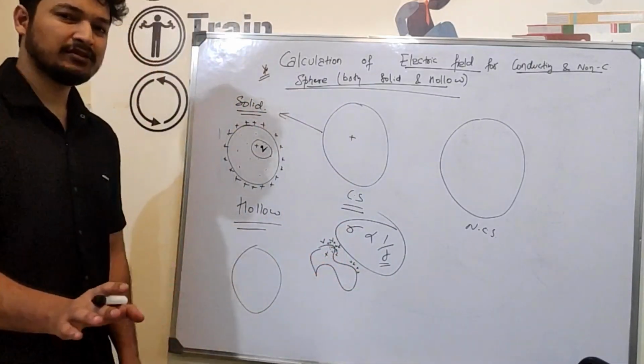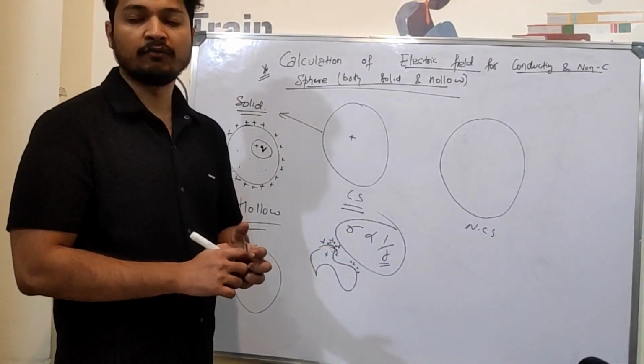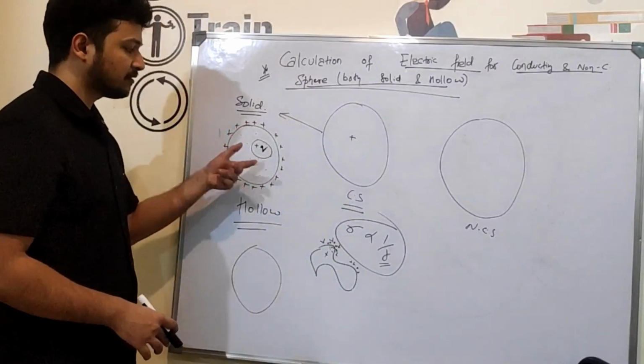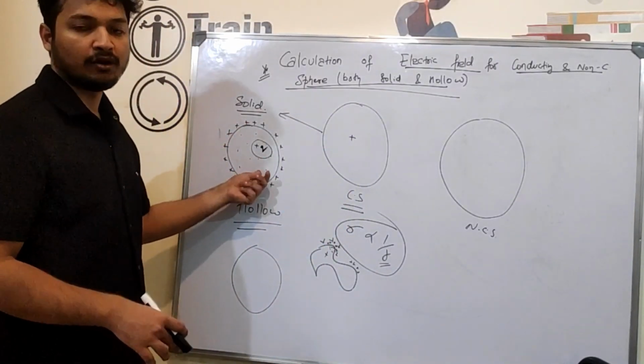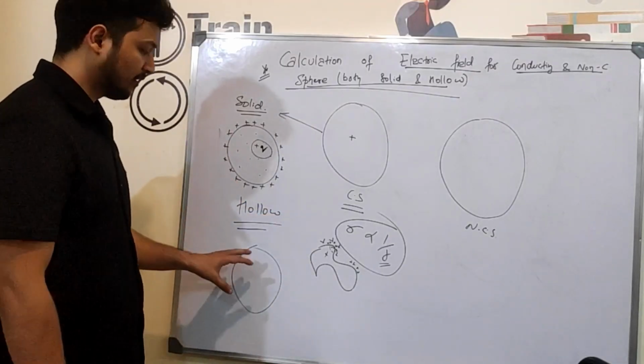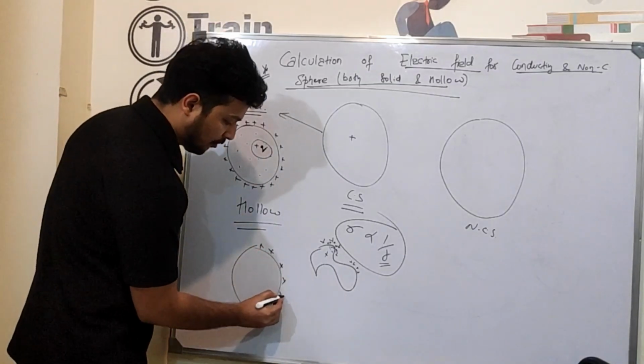Since this is a conductor, it will allow movement of charges. If we put any charge in any case, whether a solid conducting sphere or a hollow conducting sphere, in both cases you will see the charges spread evenly on the surface.